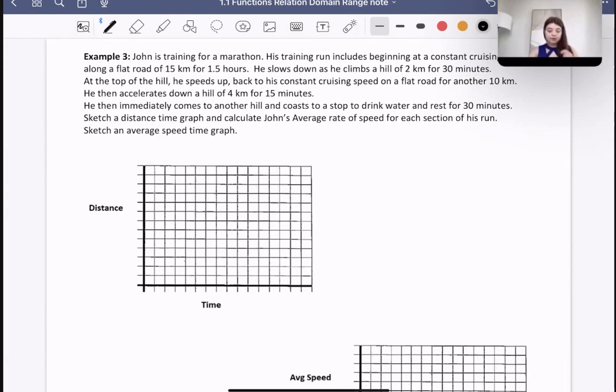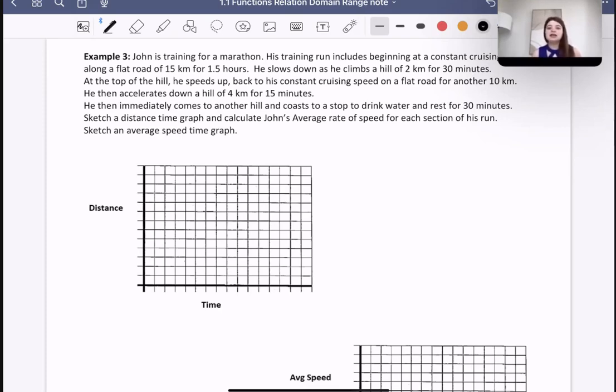Example 3 says John is training for a marathon. His training run includes beginning at a constant cruising speed along a flat road at 15 kilometers per hour for 1.5 hours. He slows down as he climbs a hill of 2 kilometers for 30 minutes. At the top of the hill, he speeds back up to his constant cruising speed on a flat road for another 10 kilometers.